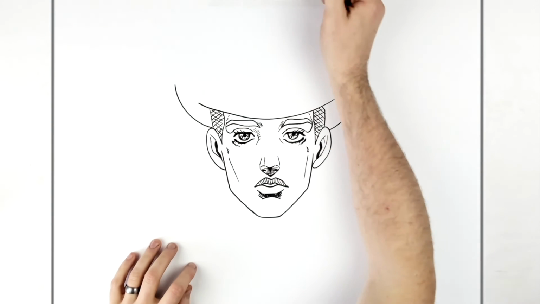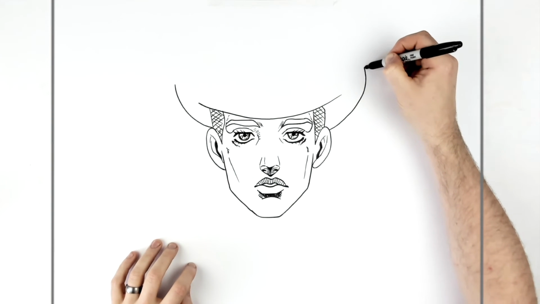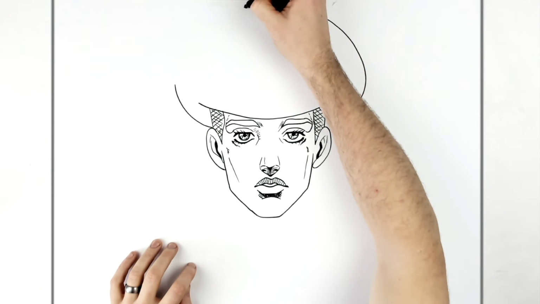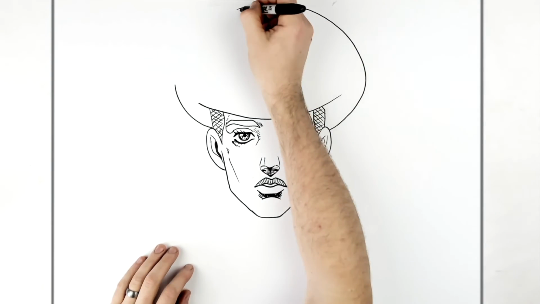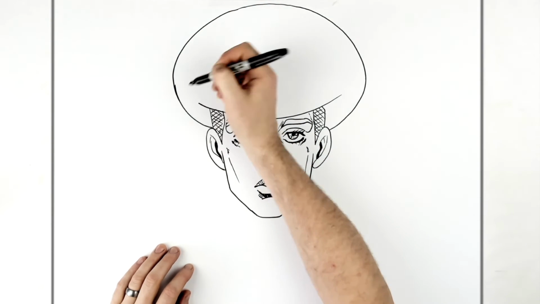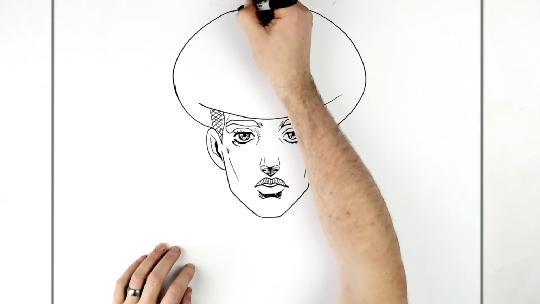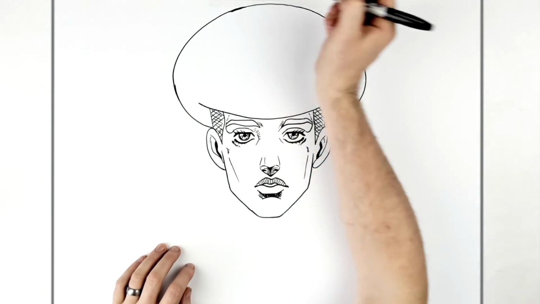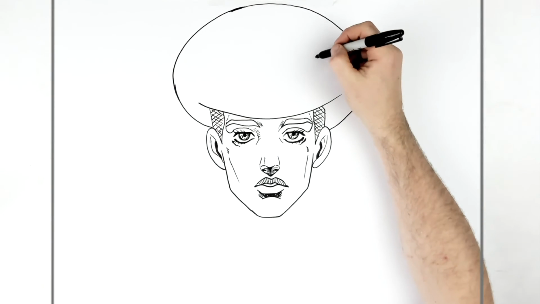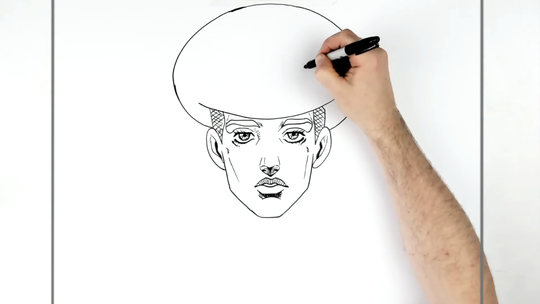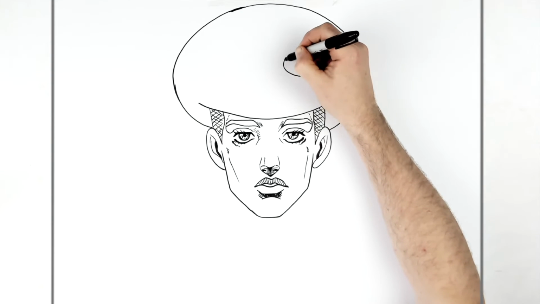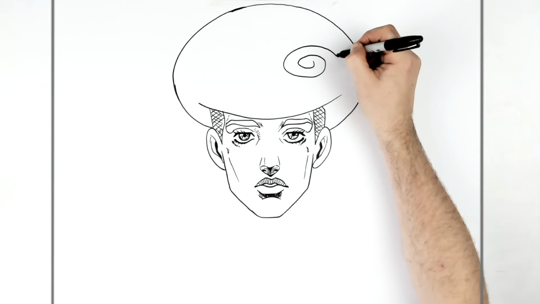So let's just go for it and go around real big. Going this way. Like so. And then spirals on the inside, and that's a double line. So start one here. So you just go around. I've seen this drawn many different ways.